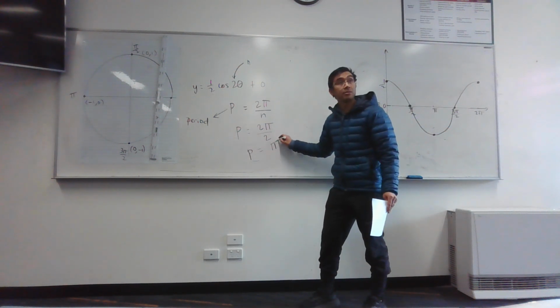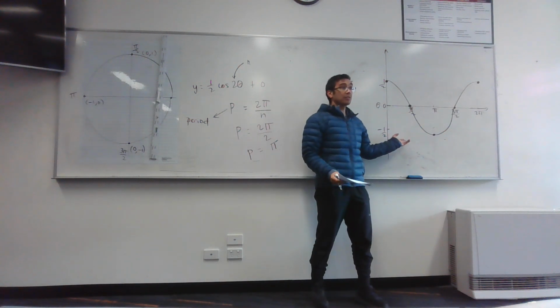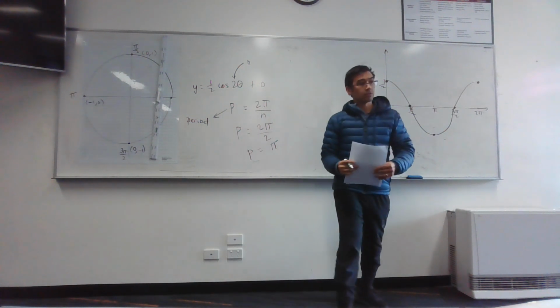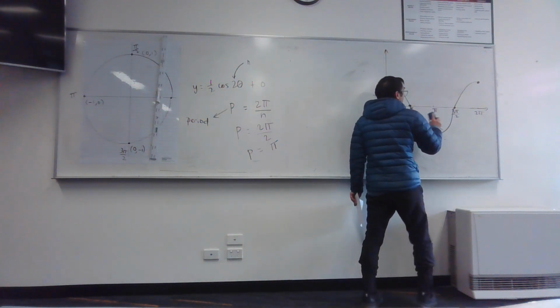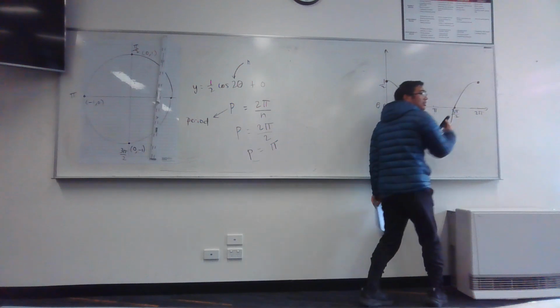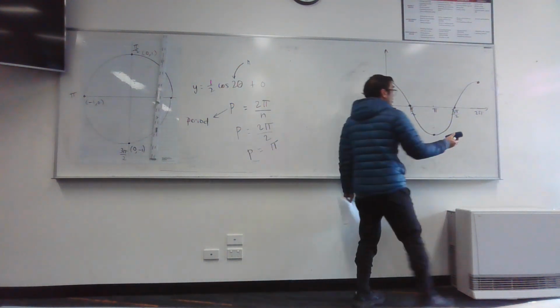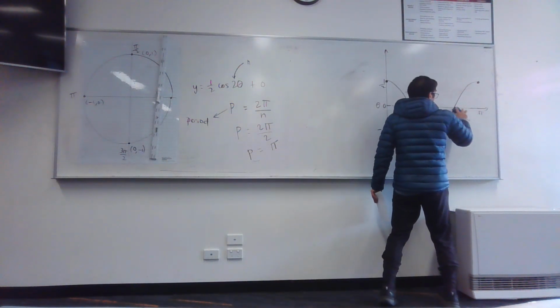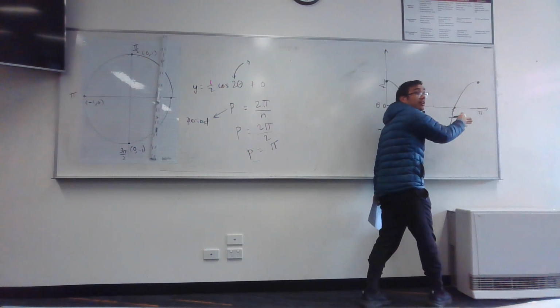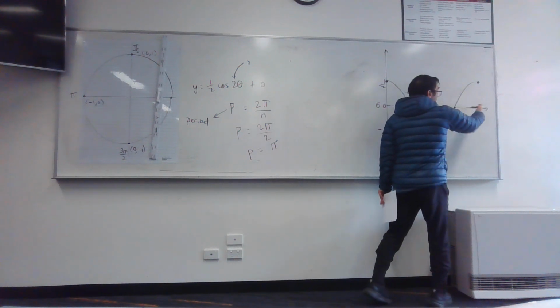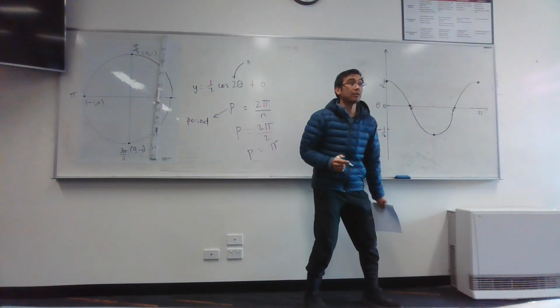It's 1 pi. What's the period of this one? 2 pi. So what can I do to the 2 pi to just change the graph? I'm going to halve it. I'm going to cheat. Instead of 2 pi, it's now only up to pi.